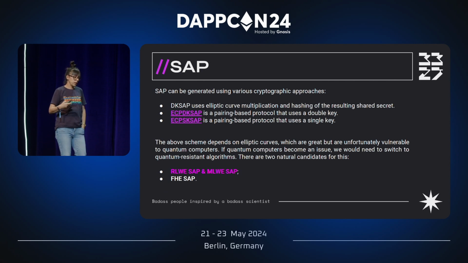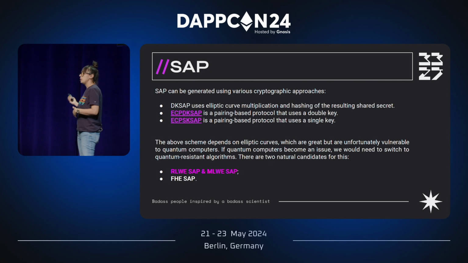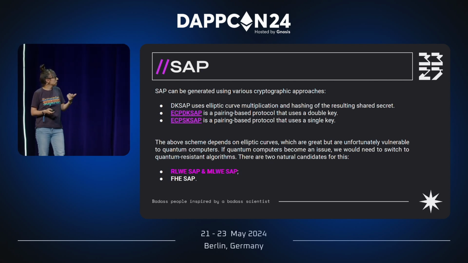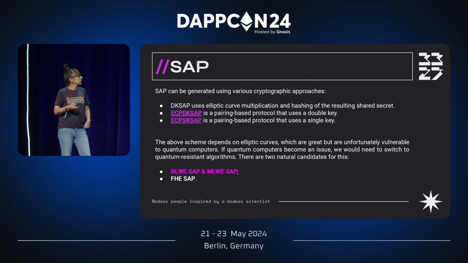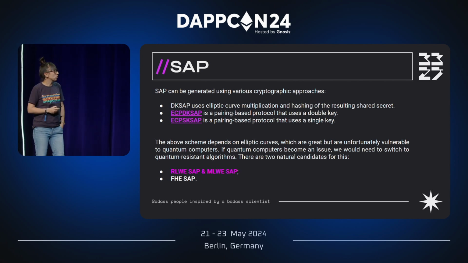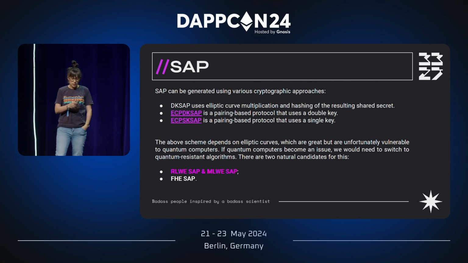But of course, we can obtain a post-quantum algorithm if we use fully homomorphic encryption, because the basic concept that we use in fully homomorphic encryption is the learning with errors technique. So we can do this in a different way, of course. But today we will talk about the elliptic curve pairing stealth address protocol.